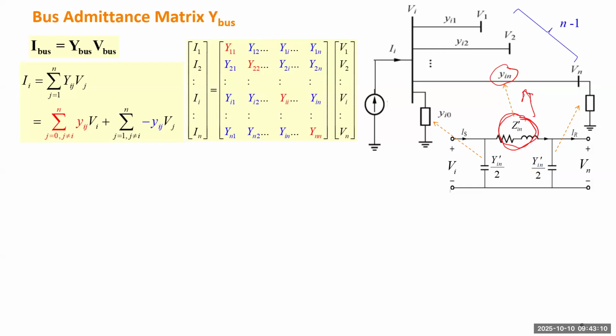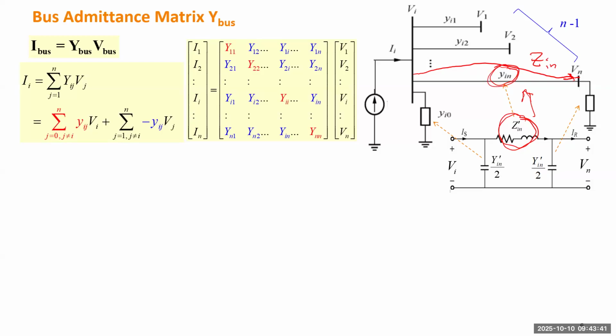If you have two physical branches going to the same bus, let's say another line also connecting bus i to bus n, then you have two pi models, so you have two Z's: one Zin and another Zin. For each of those two Z's, you need to change it to admittance and add them together, which gives you the total admittance.